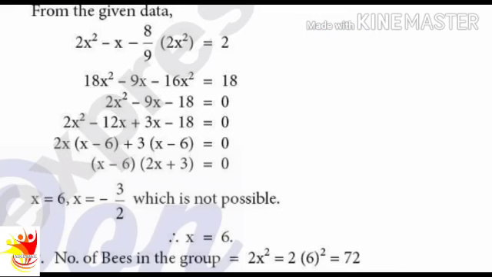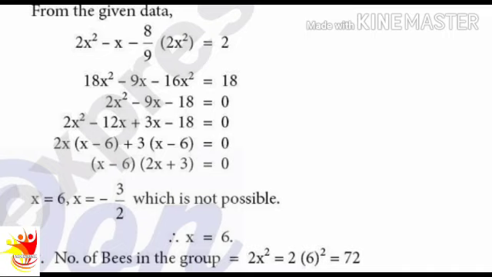From the given data, 2x square minus x minus 8 by 9 into 2x square equals 2. Now multiply by 9, we get 18x square minus 9x minus 16x square equals 2 into 9, that is 18. Simplify that, the remaining 2x square minus 9x minus 18 equals 0.